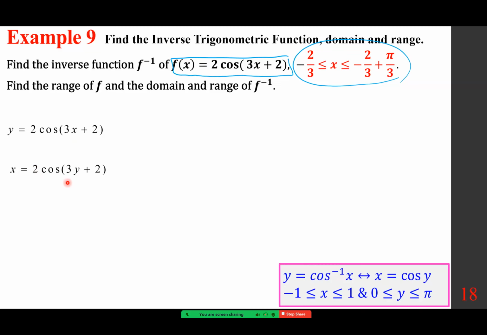So let's divide both sides by 2. So this expression, x over 2 is cosine of 3y plus 2. Therefore, by the definition of an inverse, cosine inverse of this expression is 3y plus 2.